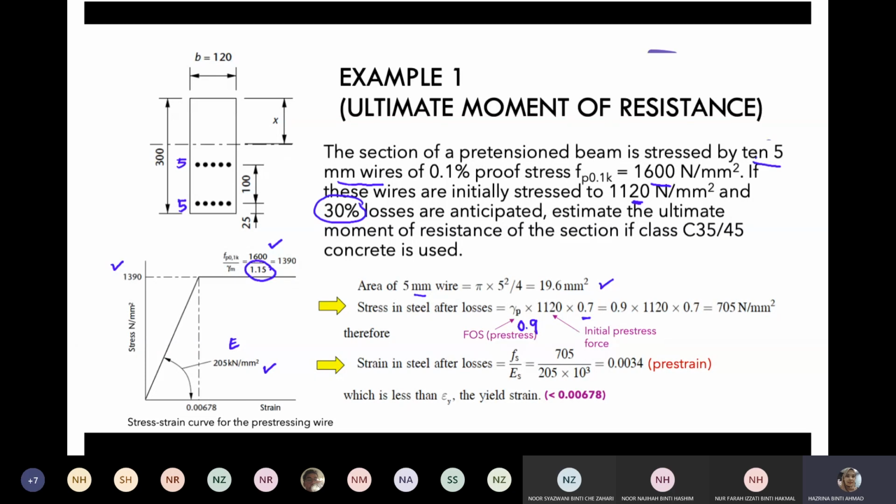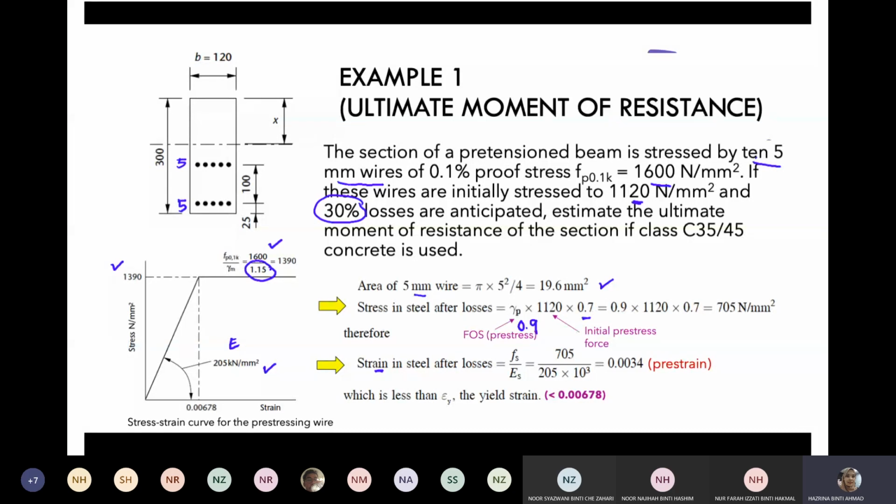Then based on that value of 705, we are going to calculate the strain in the steel after losses using this equation, where we have Fs, which is the stress in steel, divided by the modulus of elasticity of the pre-stressing steel, which is given in the stress strain curve here.